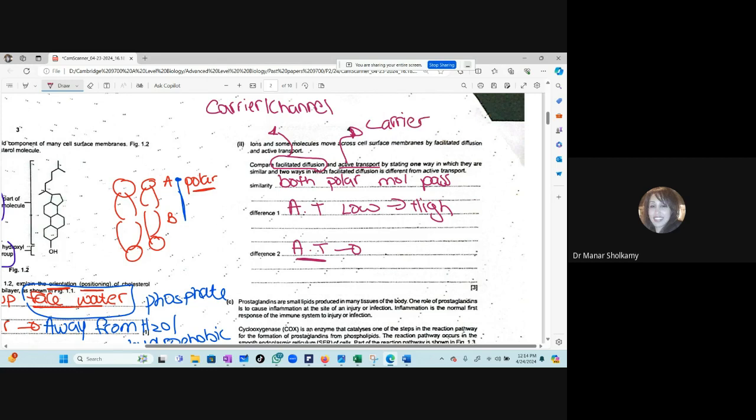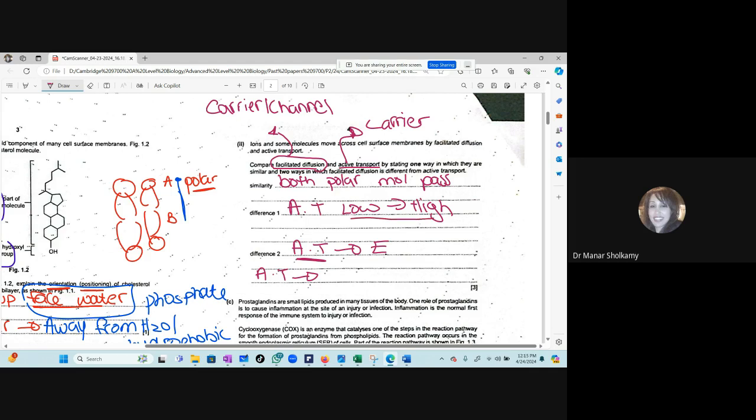Another very obvious difference. Active transport, which one consumes energy? Of course, active transport needs energy. Facilitated diffusion does not need energy. A third difference, very easy. Active transport, what about the concentration gradients?